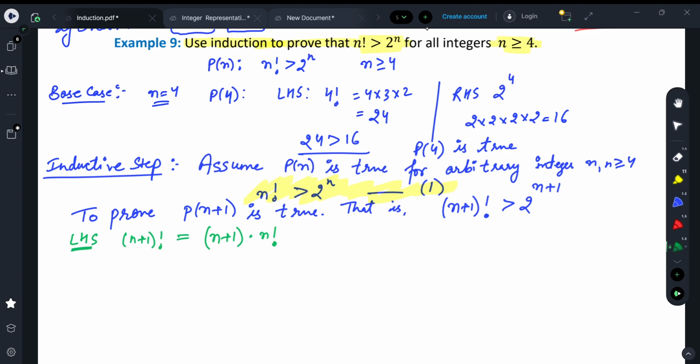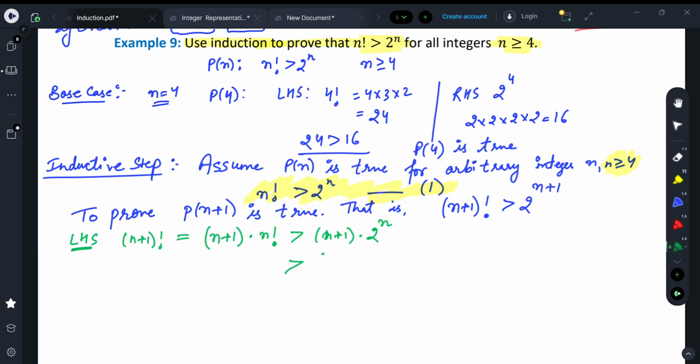And I know that this is going to be greater than n plus 1 times 2 to the power n, right? Now I know for a fact that n is greater than or equal to 4, right? So this n is positive and it's greater than or equal to 4.